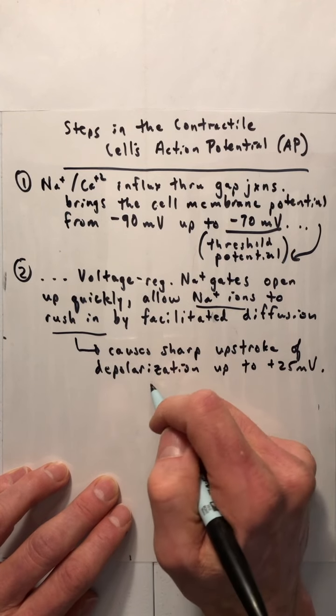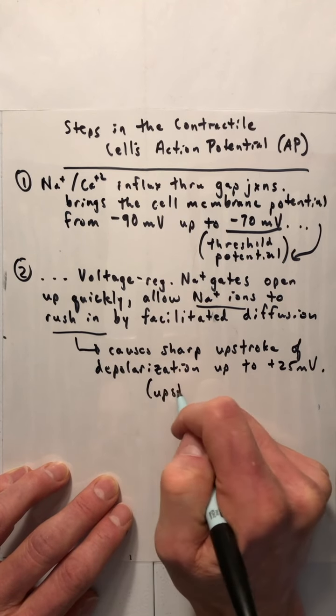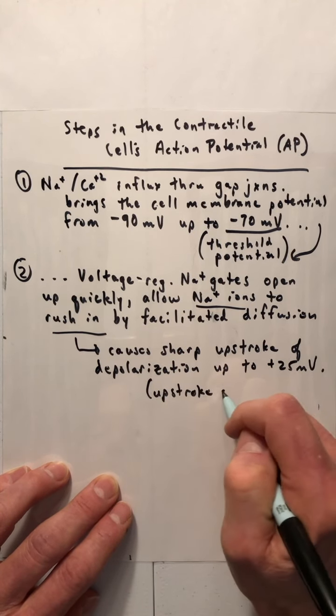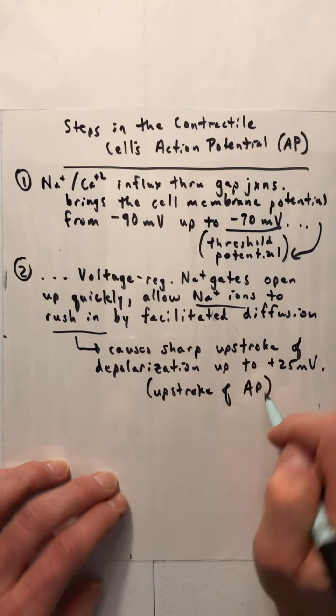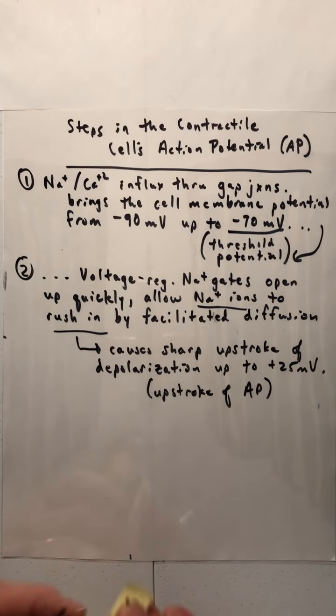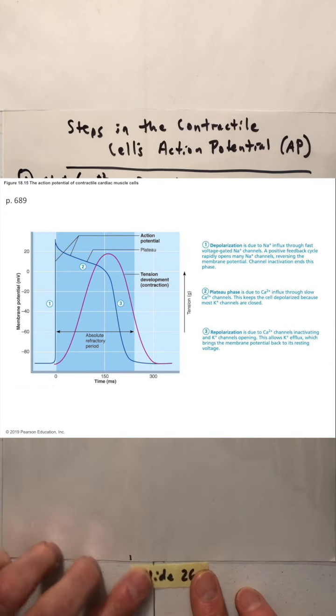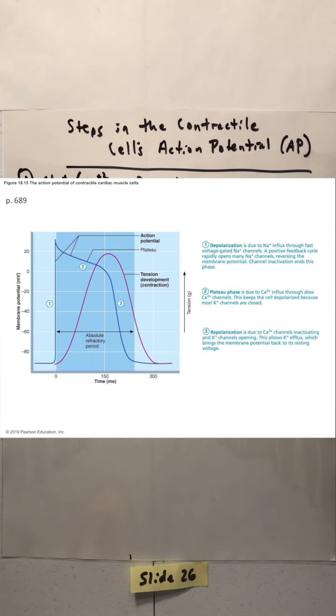And that's called the upstroke of the action potential. If you again look at slide number 26, our graph of the action potential, the blue line, look at how steep that upstroke is. It's an explosive opening of lots and lots of sodium gates. The opening is so quick, it causes such a sharp depolarization. These are called fast sodium channels.